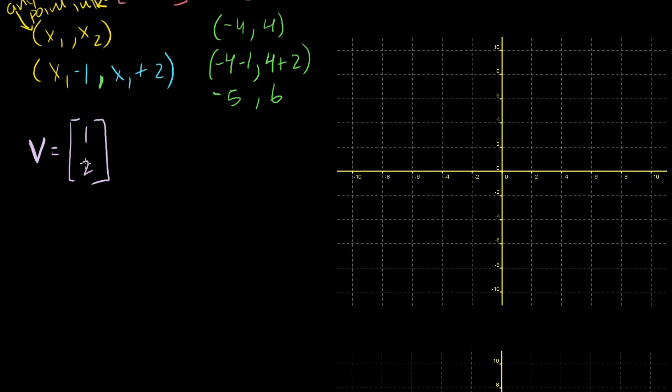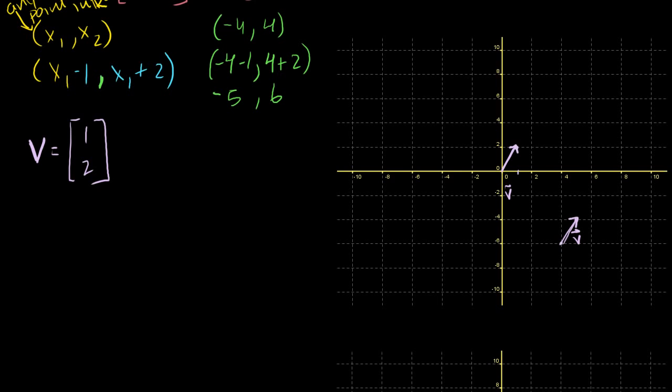So if I just wanted to draw vector v in standard position, I would just go 1 to the horizontal and then 2 to the vertical. That's it. That's the vector in standard position. If I wanted to do it in a non-standard position, I could do it right here, 1 to the right, up 2, just like that. Equally valid way of drawing vector v.